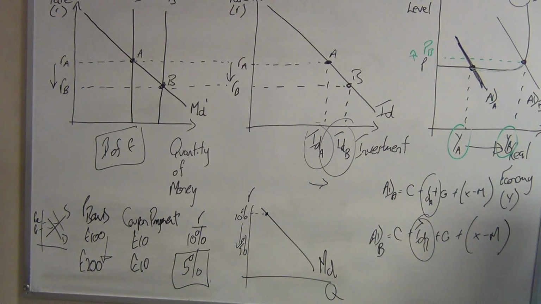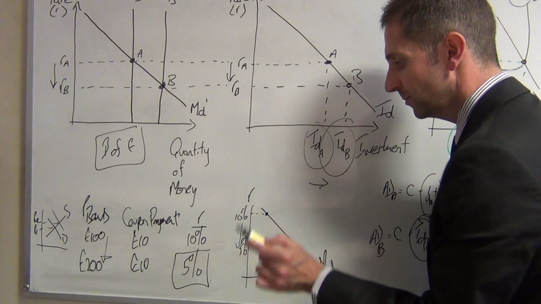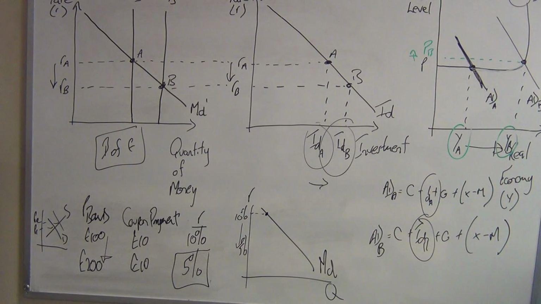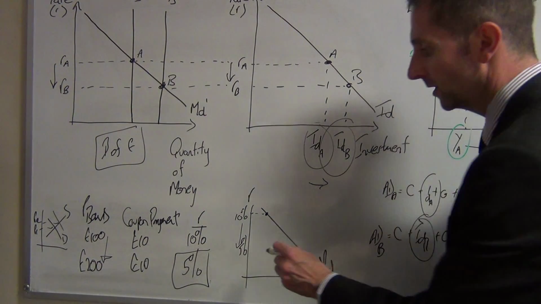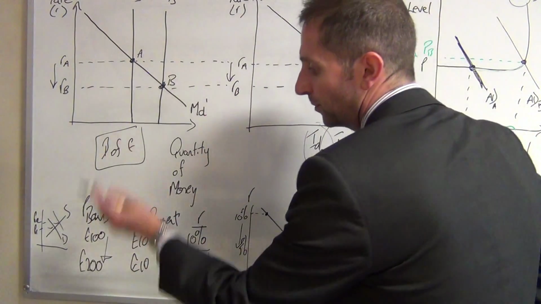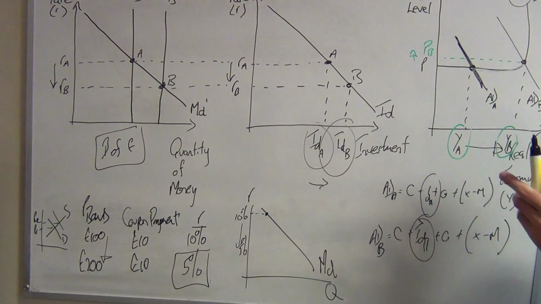Well, as a consequence of that interest rate falling from 10% to 5%, that of course will push up the demand for bonds, because people would realise, well, if the interest rate falls from 10% to 5%, the bond price will rise from 100 to 200.